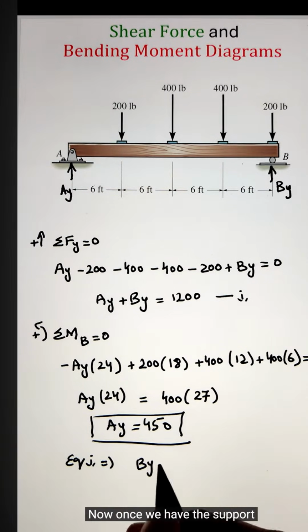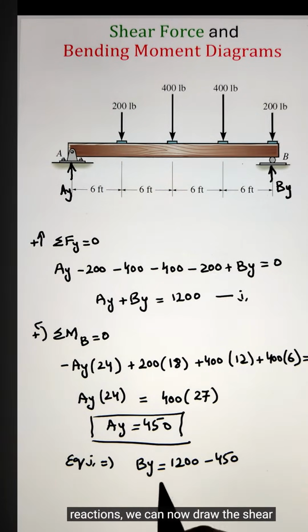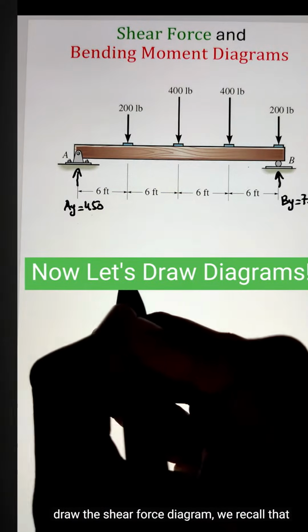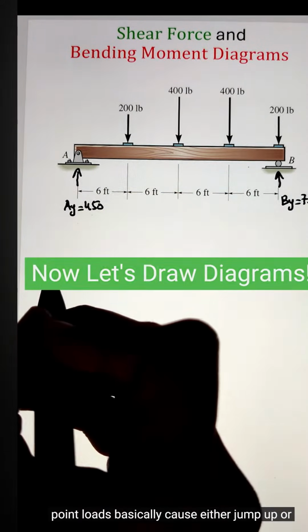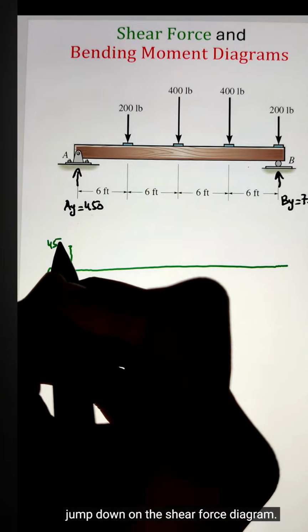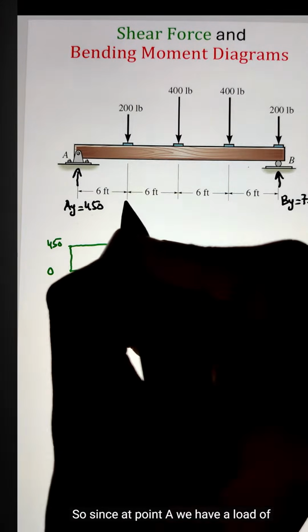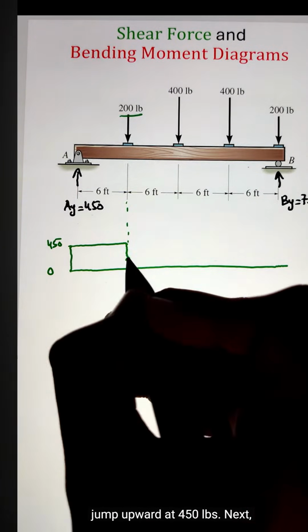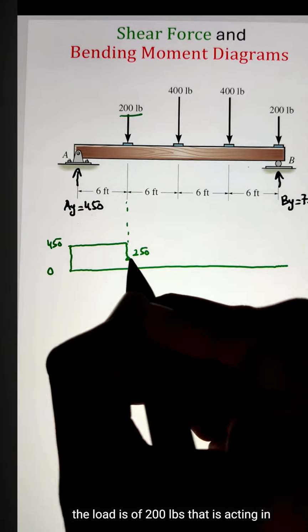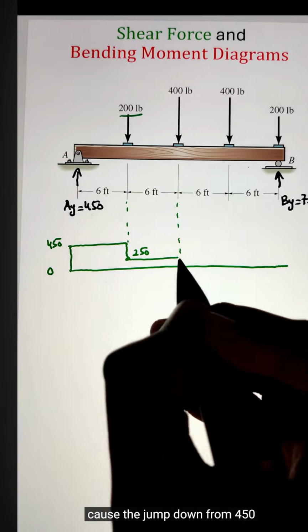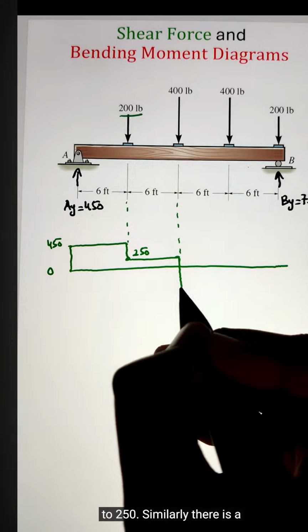Now once we have the support reactions, we can draw the shear force and bending moment diagram. To draw the shear force diagram, we recall that point loads cause either a jump up or a jump down on the shear force diagram. Since at point A we have a load of 450 going upward, our diagram will jump upward to 450 pounds. Next, the load of 200 pounds is acting in the downward direction. That will cause a jump down from 450 to 250.